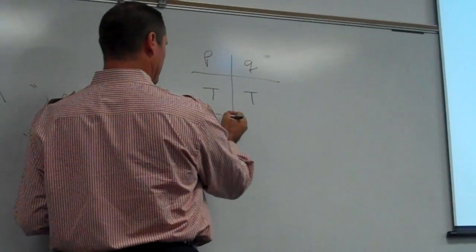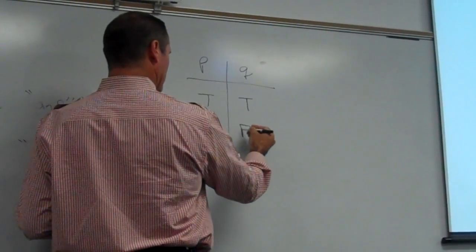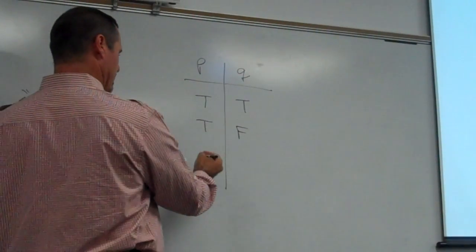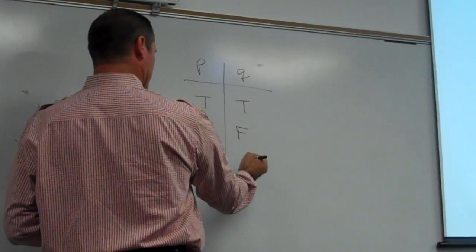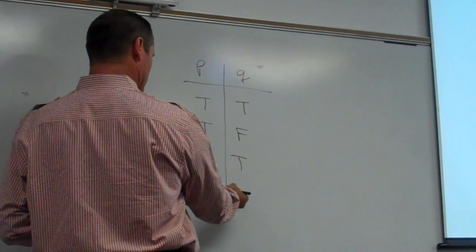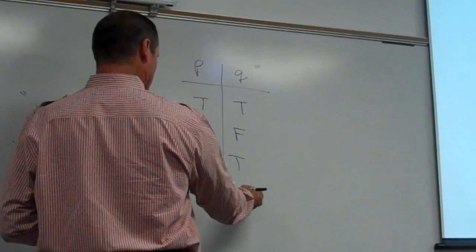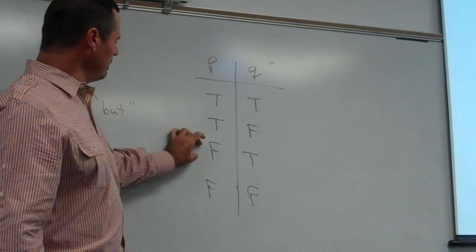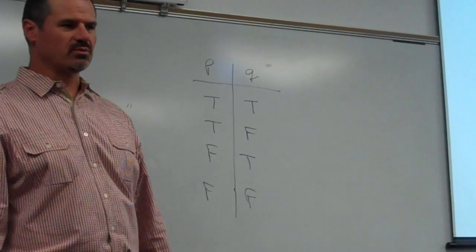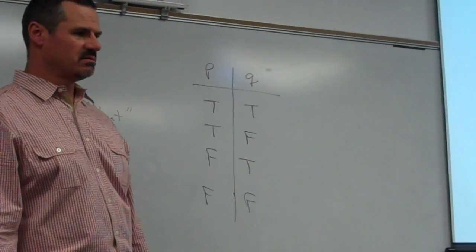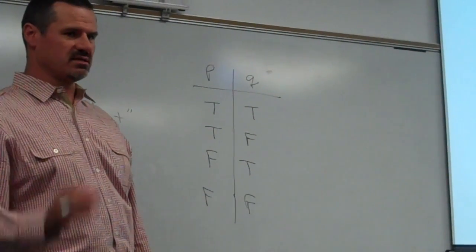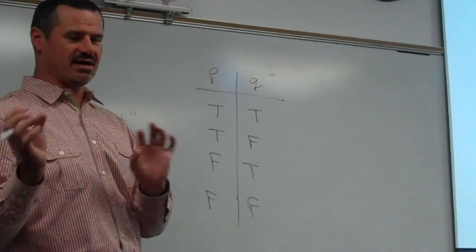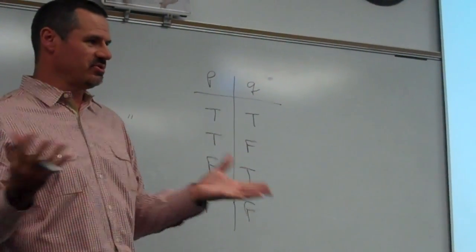Or I could pick a P that is true and a Q that is false. Or I could pick a false first statement and a true second statement. And the last choice is they both could be false. Those are the only four possibilities in the whole wide world. Do you agree with that? I could tell two truths, a truth and a lie, a lie and a truth, or two lies. There's nothing else you can do.